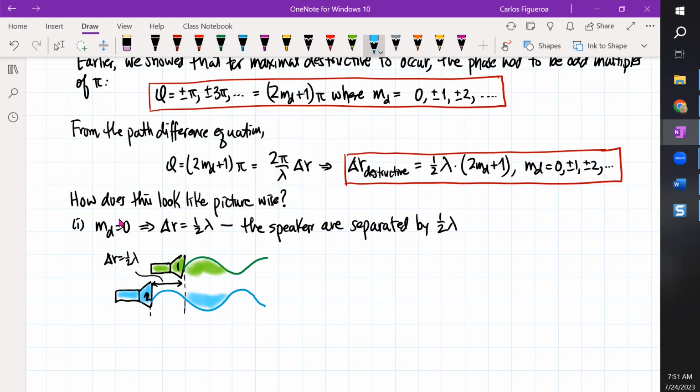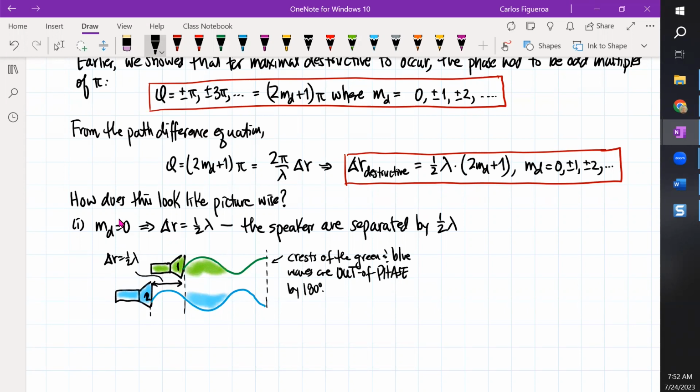If I pick one point here, you can see that the crests of the green and blue waves are out of phase by 180 degrees.